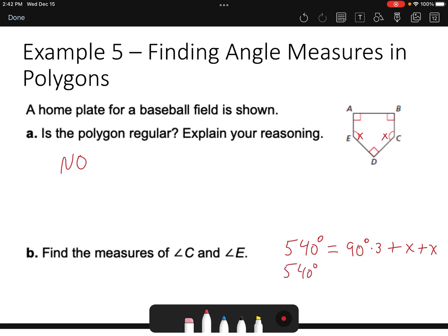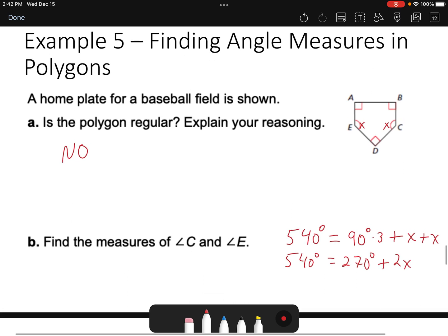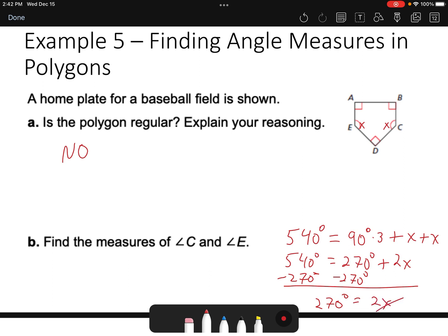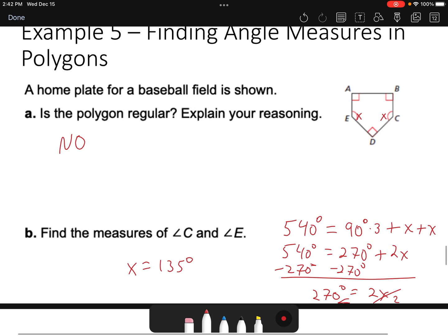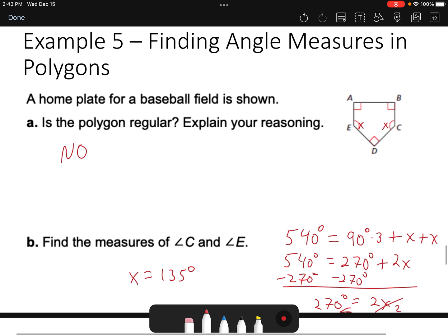We know they're the same though, because it says they are. So 540 equals 270 plus 2x, because there's 2 x's. Let's see, so we got to subtract 270. Well, that's 270 equals 2x. Divide by 2. So x is 135 degrees. So angles C and E are both 135.